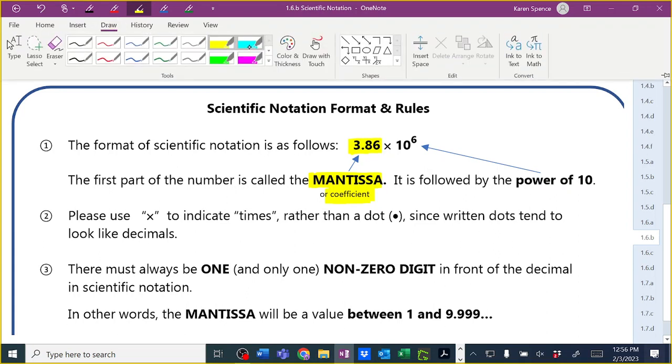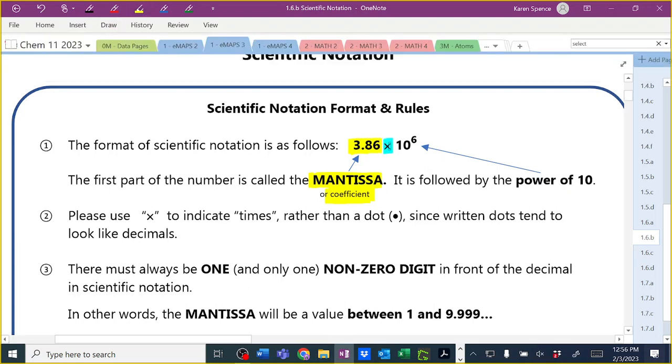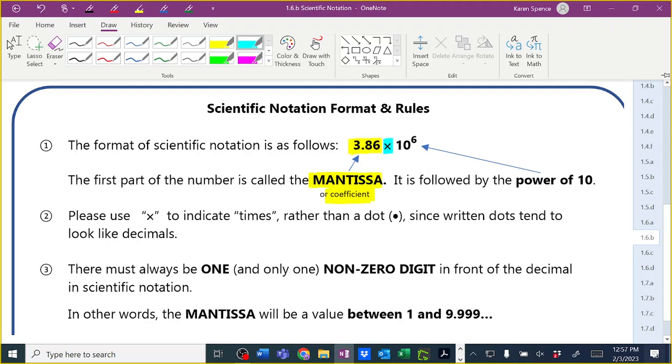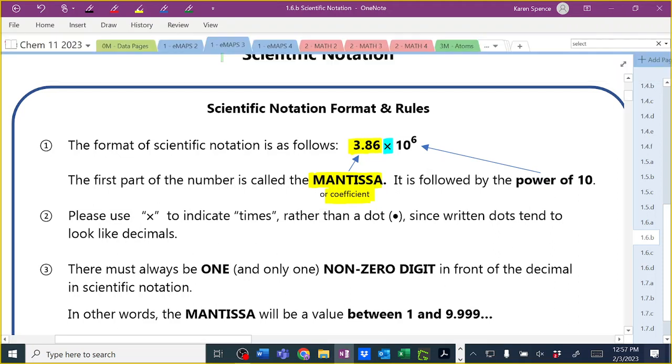It also includes the times sign, you know, the little X for times. And finally, it includes 10 to the power of something. Okay, so that is the format for scientific notation. So we need the mantissa or the coefficient, we need a times sign, and then we need a power of 10.